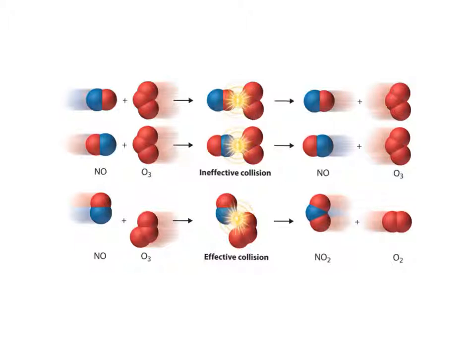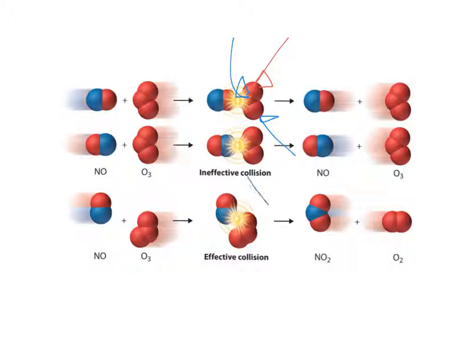If I look at this oxygen right here and this oxygen here, when I hit this middle oxygen, there's not going to be a breaking of bonds, so we're not going to have any new bonds forming.